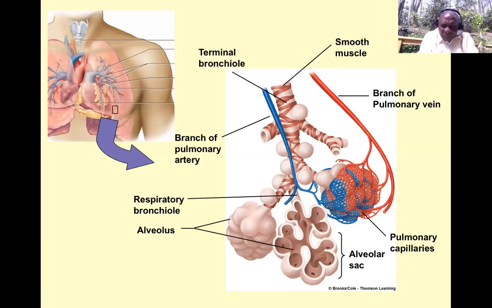And then the other thing I want you to pay attention to is the relationship between the pulmonary capillary, which is here, and the alveolar. In fact, the distance, as we shall see later, between the pulmonary capillary network and the alveolar is just 0.5 micrometer.